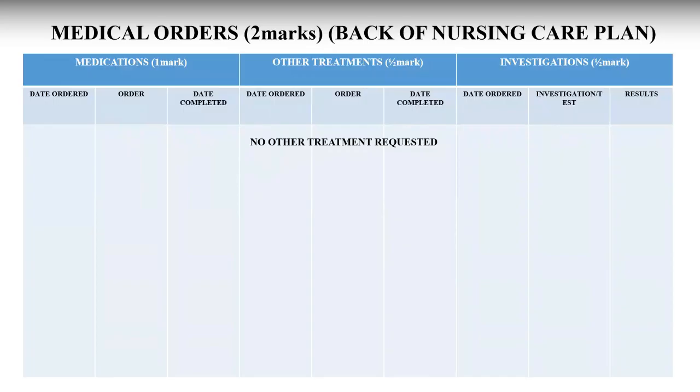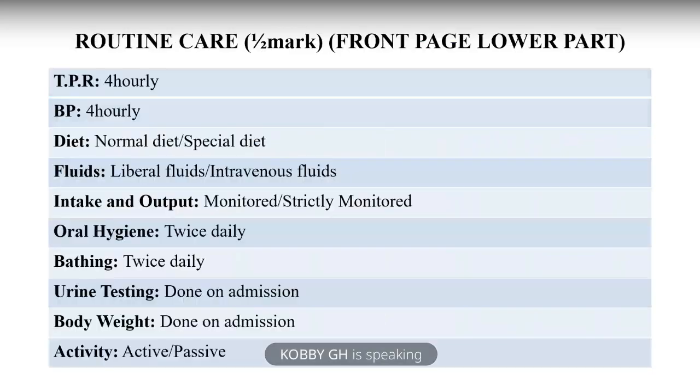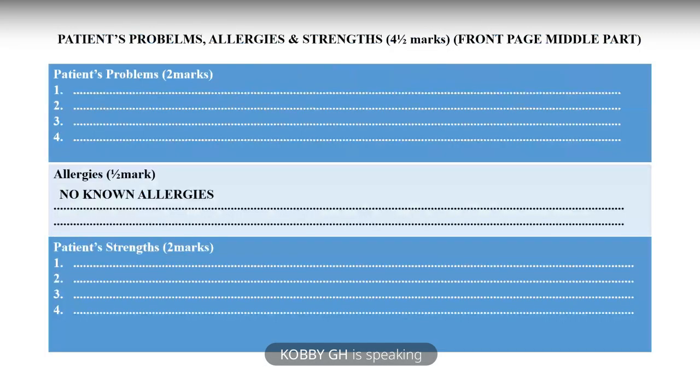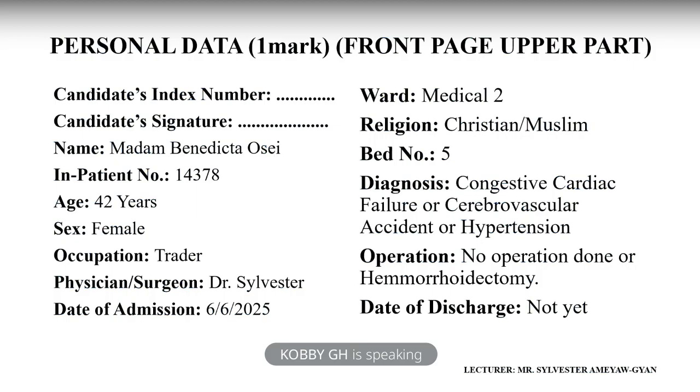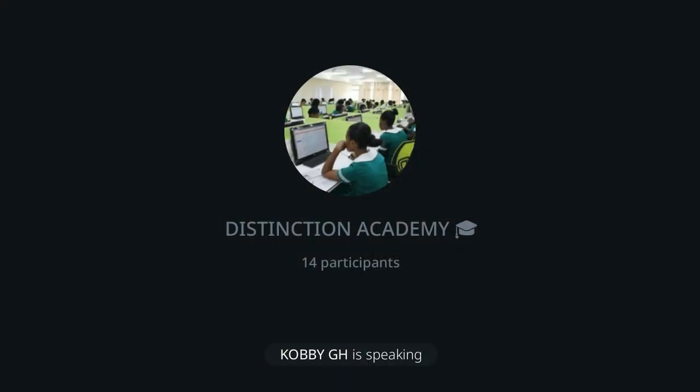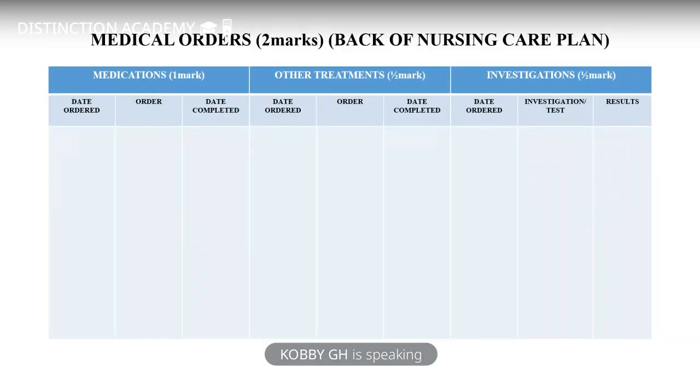Do you know another reason why I want you to write the medical orders before you come and write the personal data? By the time you finish writing the medical orders and investigations, you already know the patient's diagnosis before you come to that section.